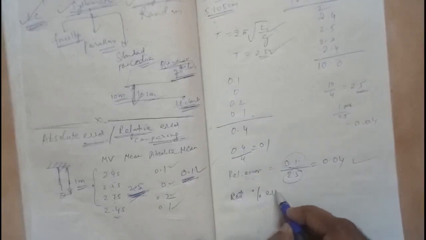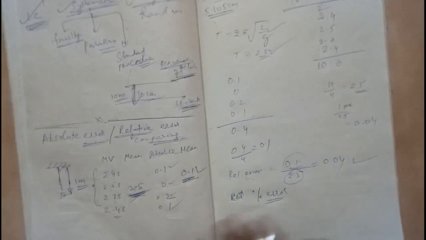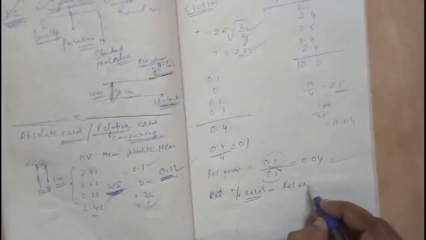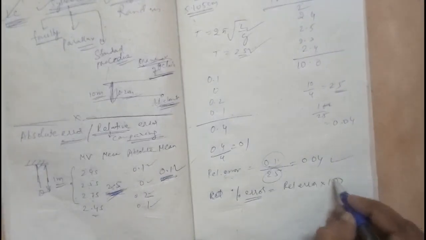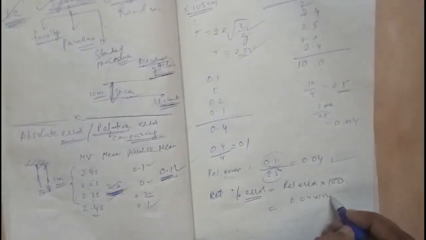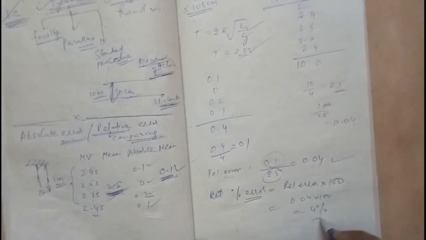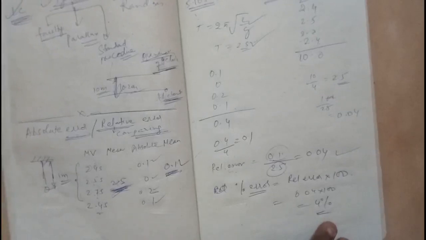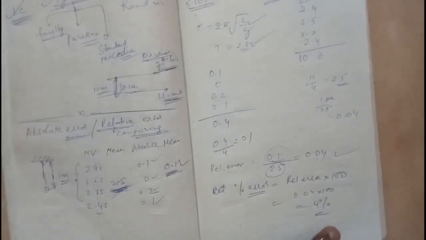It is percentage error. Percentage error means nothing but you find the relative error and multiply with 100. So here 0.04 into 100, it is 4%. So here percentage error is 4%.